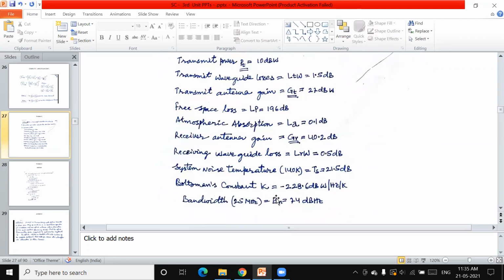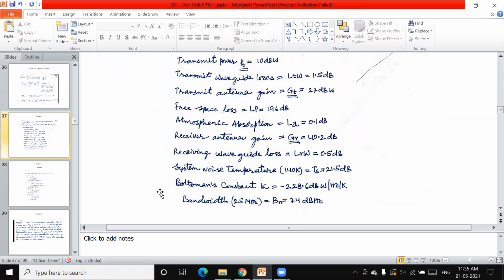Boltzmann constant K has been given as minus 228.6 dB watts per hertz Kelvin. Bandwidth: at 25 megahertz, the noise bandwidth is converted to 74 dB hertz.